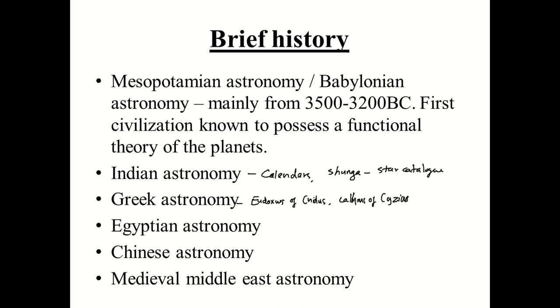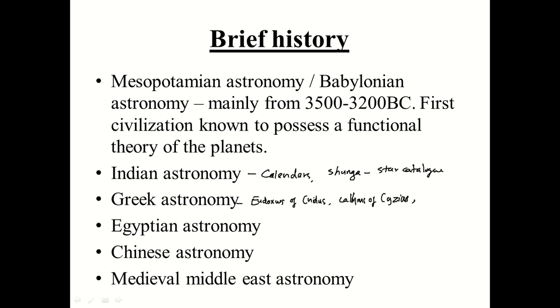And Plato and Aristotle are two Greek astronomers. They were concerned with developing an explanation of the reason for the motion of the cosmos. In the 3rd century BC, Aristarchus was the first to suggest a heliocentric system. So the heliocentric system means the sun is at the center.